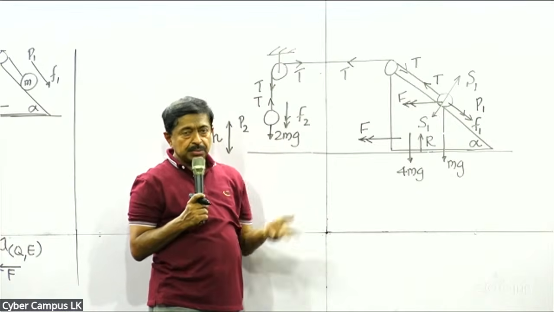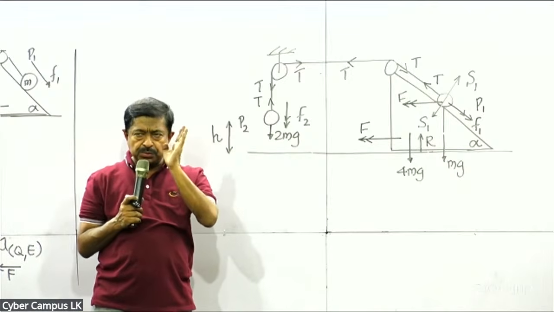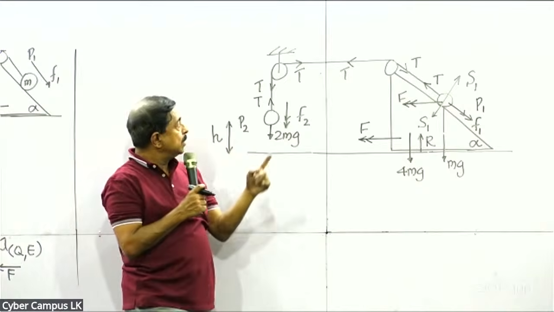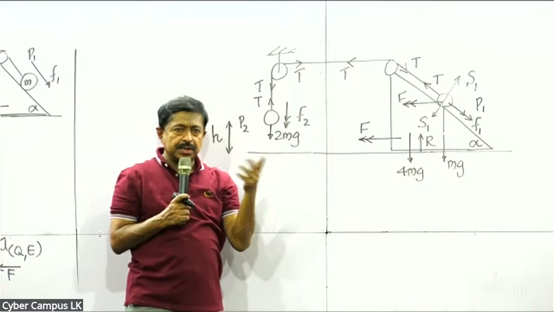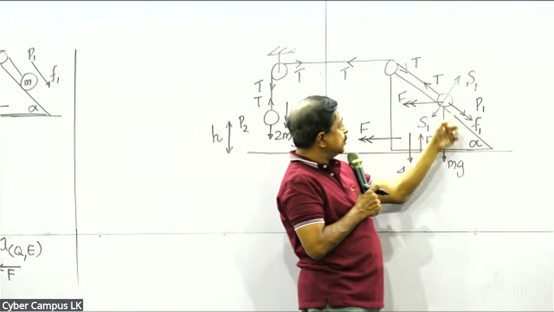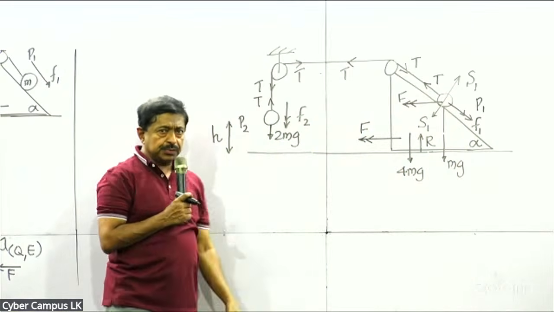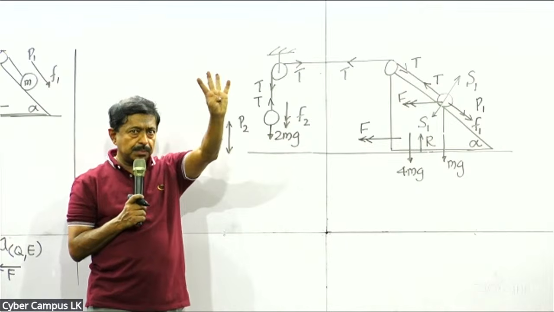Now count the variables. We don't care about the heights and stuff like that. We simply find the number of accelerations and number of tensions. There's one tension. These are smooth pulleys, and there's only one tension. There are three accelerations: capital F, simple F1, simple F2. So three accelerations plus one tension, altogether four.